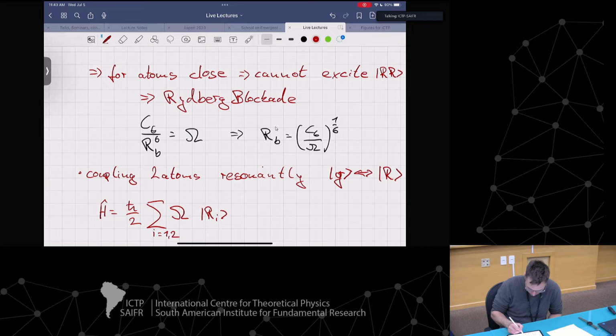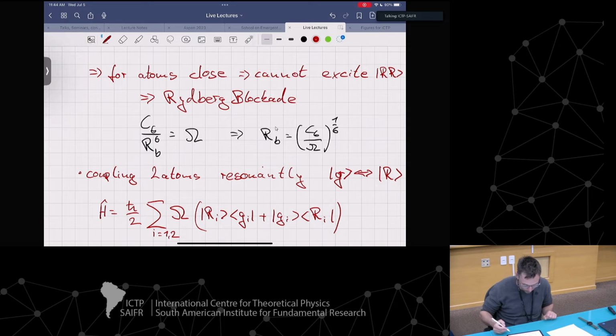I'm coupling one ground state to the Rydberg state, plus, of course, a Hermitian conjugate. This is just the independent driving of two atoms, and now I get this interaction term, the V_ij, and the interaction term shifts this Rydberg level.